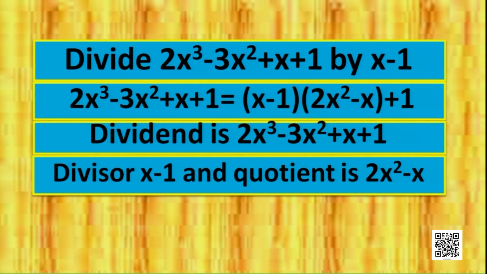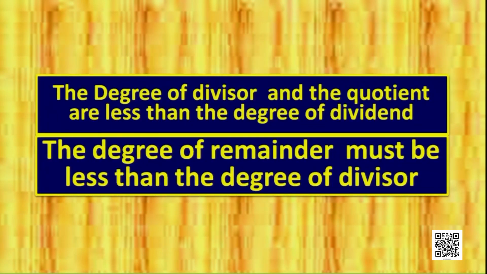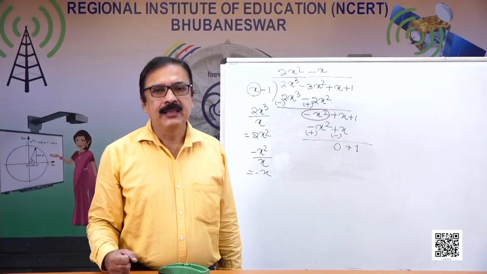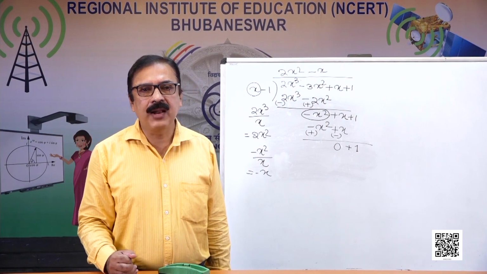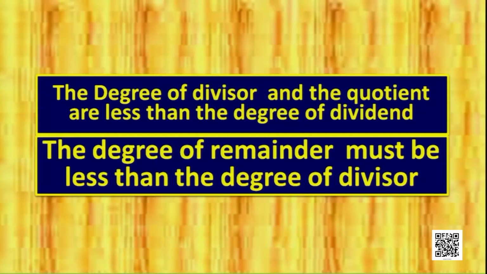The degree of the dividend is more than that of the divisor and the quotient, and the degree of the divisor is more than that of the remainder. So we can write the degrees of divisor and quotient are less than the degree of dividend, and the degree of remainder must be less than the degree of divisor.